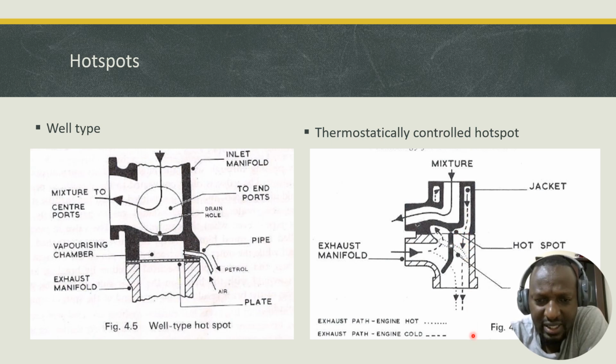But once the engine has warmed up and you no longer require to heat up the manifold because we now have enough heat, then the thermostat allows this valve to be opened, and then it lies across here straight, making sure that the exhaust gases no longer pass up into the jackets, but take the shortest route that way, as can be seen by the small dots.